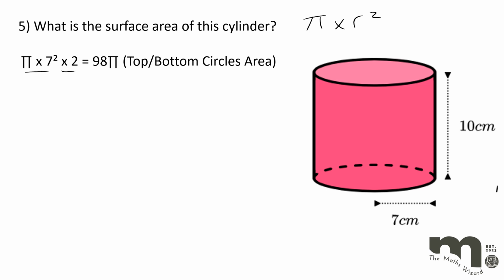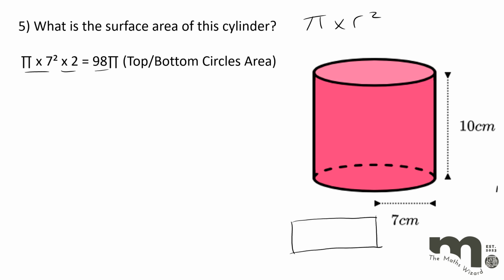Now I've written this in terms of pi for now, just to make it easier to get all of those faces together at the end of our calculation. You'll see why in a second. So that's the area of just the faces. Now the tricky bit here is the curved face around the edge of the cylinder. Now if you were to roll that out, it would look like a rectangle.